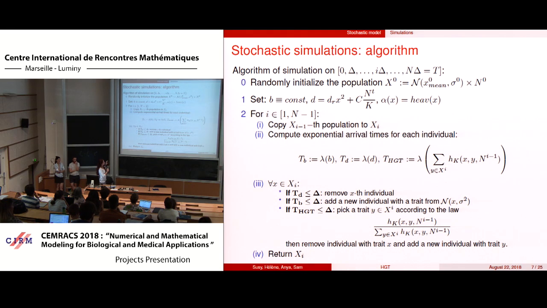And then, if each arrival time is smaller than our time step, then we either remove one individual, if it is going to die on this time step, or add a newborn to the whole population, or replace one trait by another.